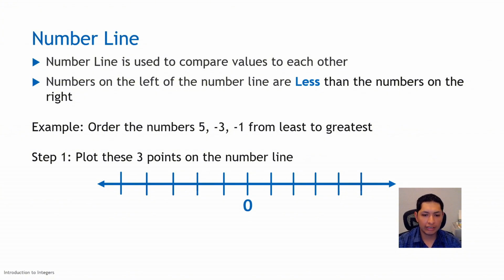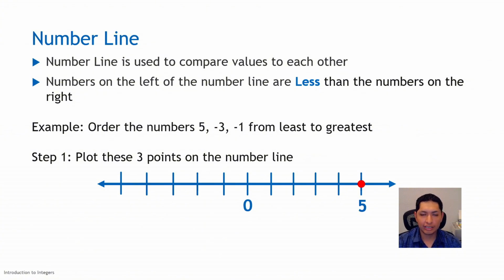So if I say that each notch is simply increasing in value, or the distance between them is 1, then to plot 5, all I have to do is count 5 spaces to the right from 0 to see where the 5 is. And that is placed here, 5 spaces on the right. And again, it's on the right because it's a positive value. Following that logic, -3 means that I am 3 spaces away from the 0 and I am on the left side.